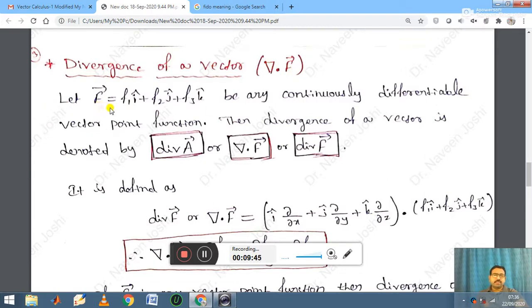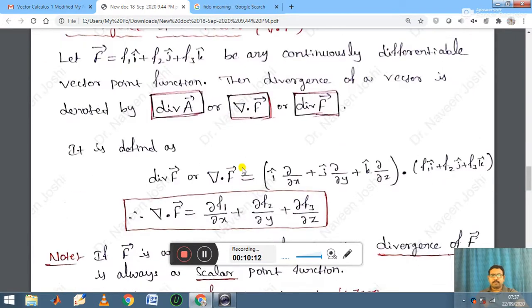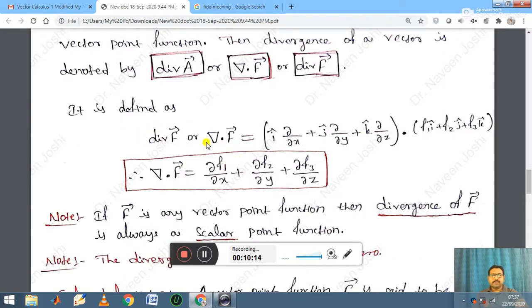Let capital F bar equals f1i plus f2j plus f3k be any continuously differentiable vector point function, then the divergence of a vector is denoted by div of A, that is divergence of A. You can also use the symbol del dot F bar or divergence of F bar. In most cases we use the symbol del dot F bar. Let's see how to express this.